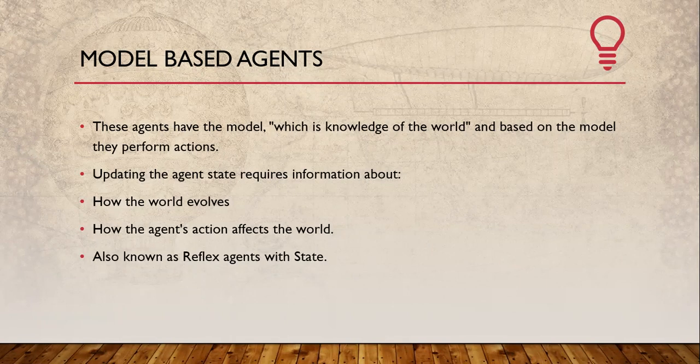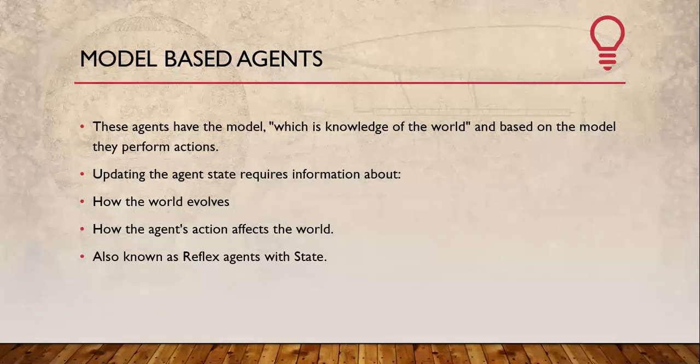If we want to know the state, then there are two important things which we need to know. We need to know how the world evolves, which means we need certain information about the world also. Whenever we are using the terminology world over here, we have to understand that we are talking about the world for that agent, the area or the environment in which the agent has to work.